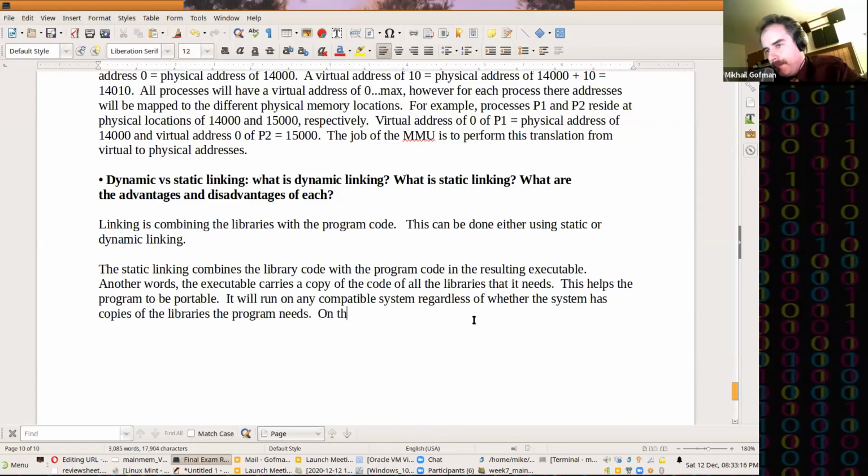Okay. At the same time, it bloats the sizes of executables, as each executable carries copies of library code.